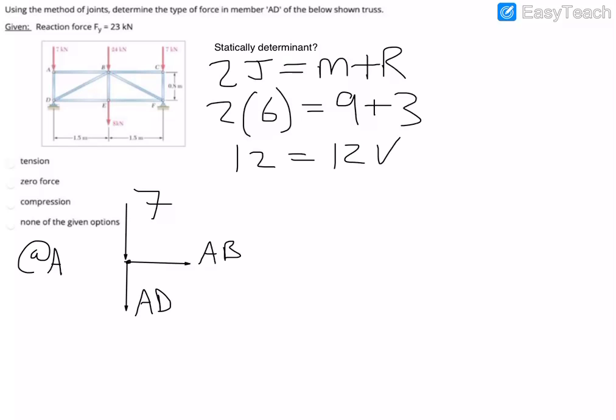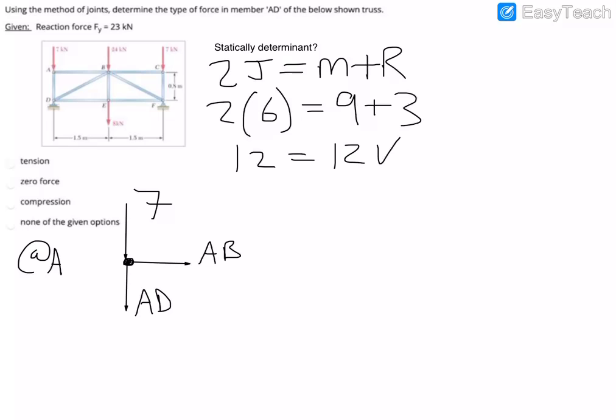So typically when you do the method of joints, you always start by drawing forces, unless it's an external force such as that 7 kilonewton force pointing towards A, you always draw the forces away from the joint. So we'll draw AB and AD away from the joint.